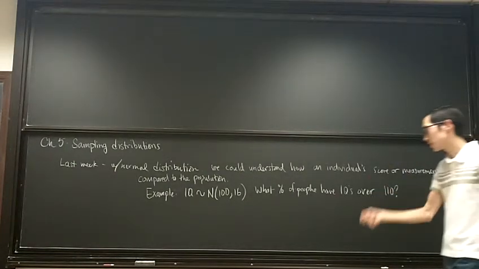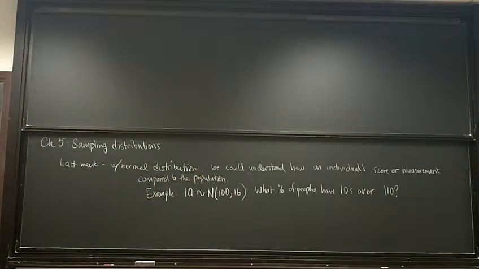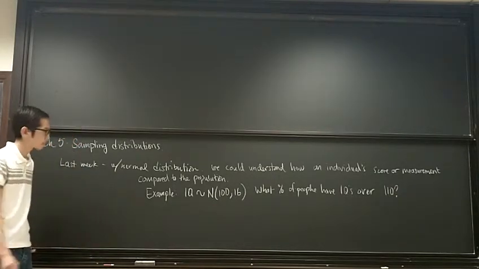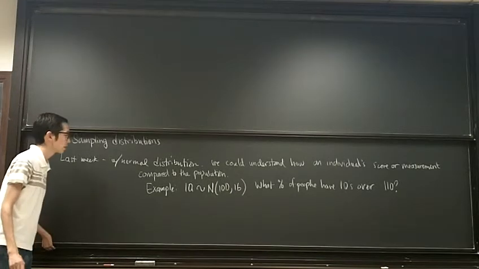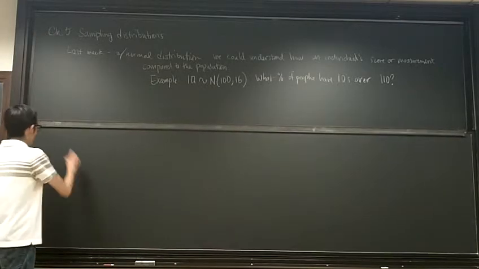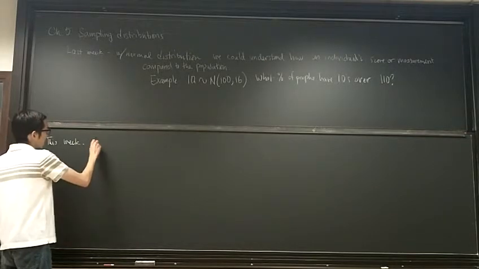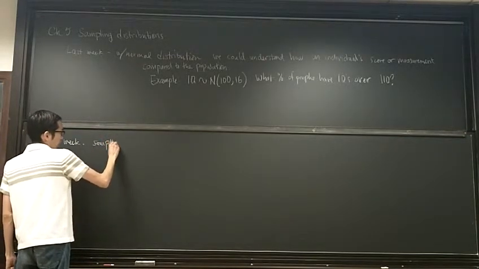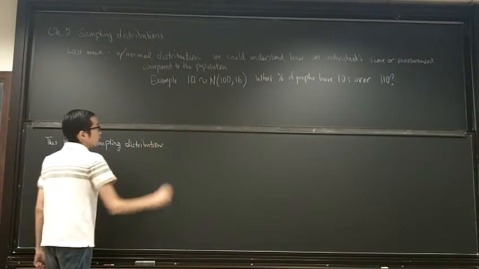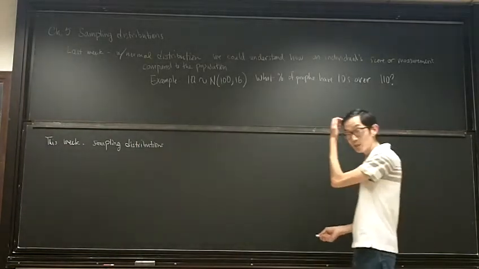So last week we would say something like IQ follows the normal distribution with mean 100 and standard deviation 16. What percentage of people have IQs over 110? Okay, we can do that. This week, sampling distributions tell us how measurements from a sample are distributed.